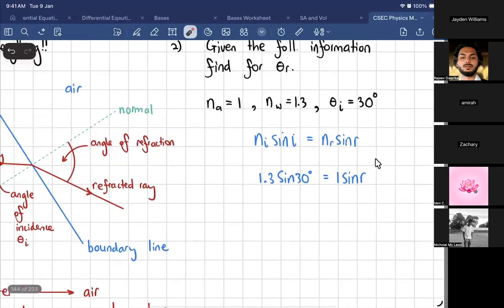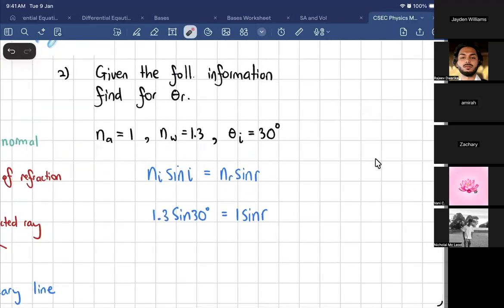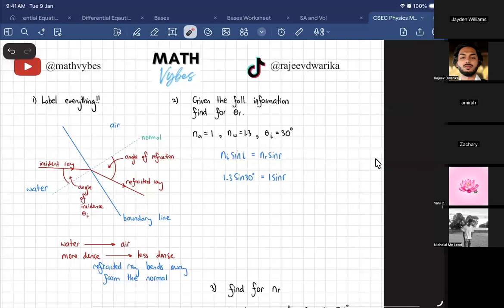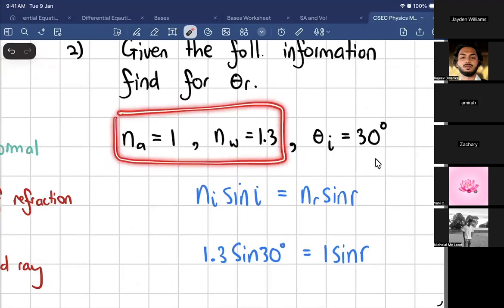But in your formula, I see you put 1 by sine 30 instead of 1.3. You know why that's wrong? Because 1 is for what? Air. Yeah, so that was wrong.